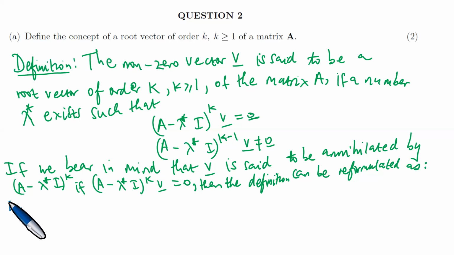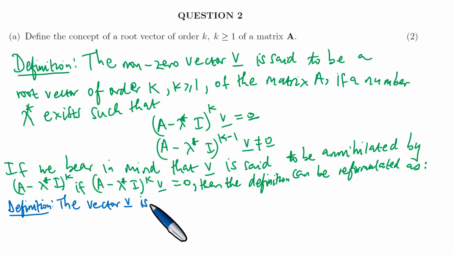Definition. The vector V is a root vector. These are just the same, but it's annihilation.